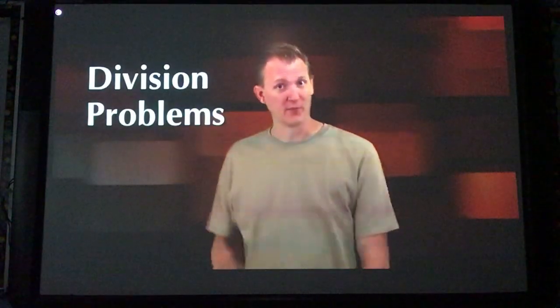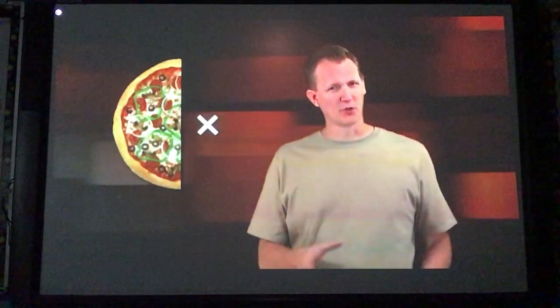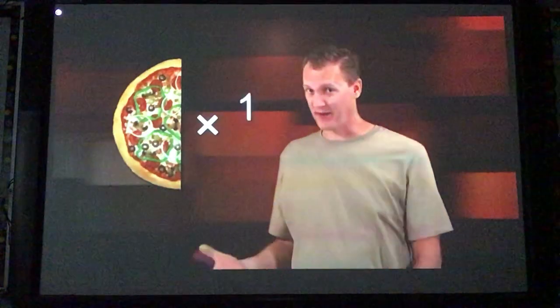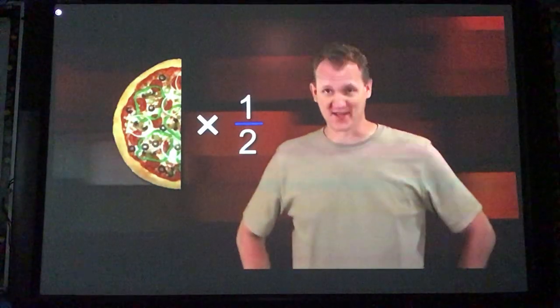Multiplying fractions is easy because fractions are just another way of writing division problems. But remember, there's another way to think about fractions. We can also use fractions to represent parts of things, like half a pizza, for instance. But does it make sense to multiply half a pizza by another half? Actually, it does.